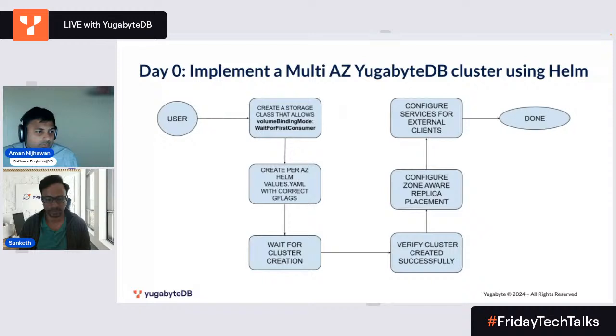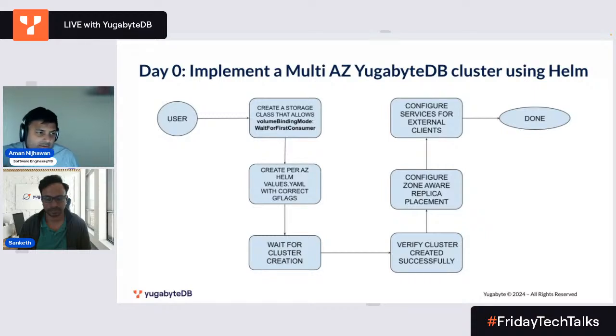Just to look at why multi-AZ charts become hard to manage using Helm, here's the state machine of what we need to do to even just create a multi-AZ cluster. We first have to have all of the prerequisites satisfied, including a storage class with WaitForFirstConsumer. Then we have to deploy 3 or n copies of the Helm chart, each copy with its own values.yaml.